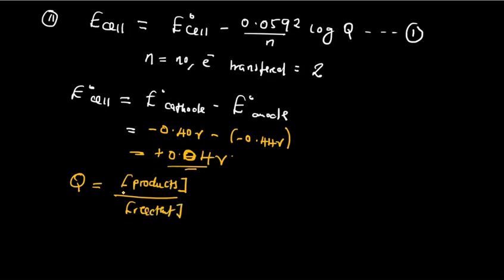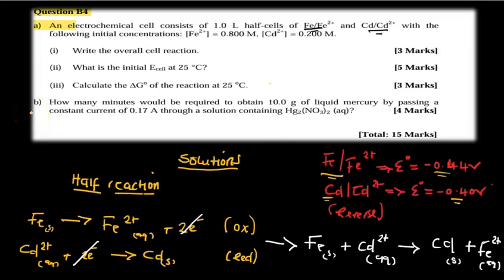So now this will take us back to the overreaction. Observe that what we put there is just the concentration which you have been given. In this case, the concentration of product is that of ion. So ion is the product in this case, and then the cadmium 2+ is the reactant.